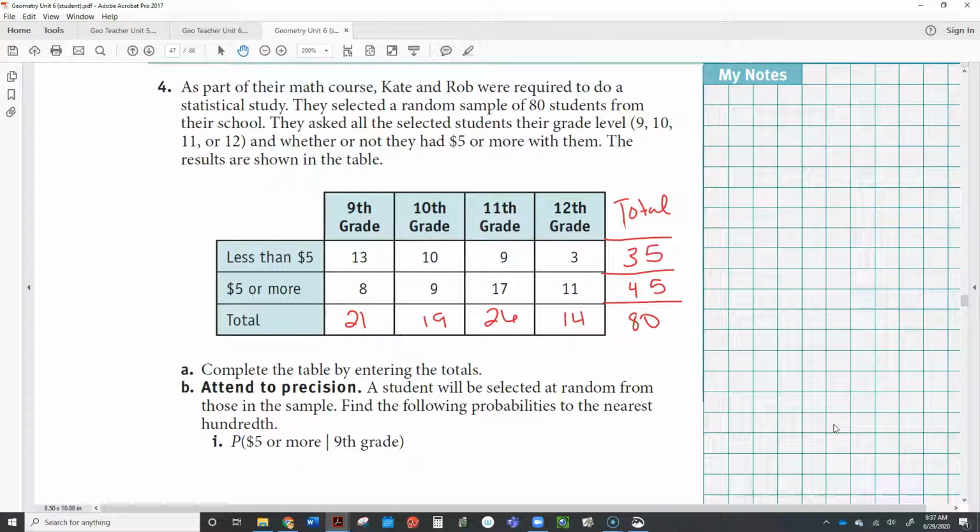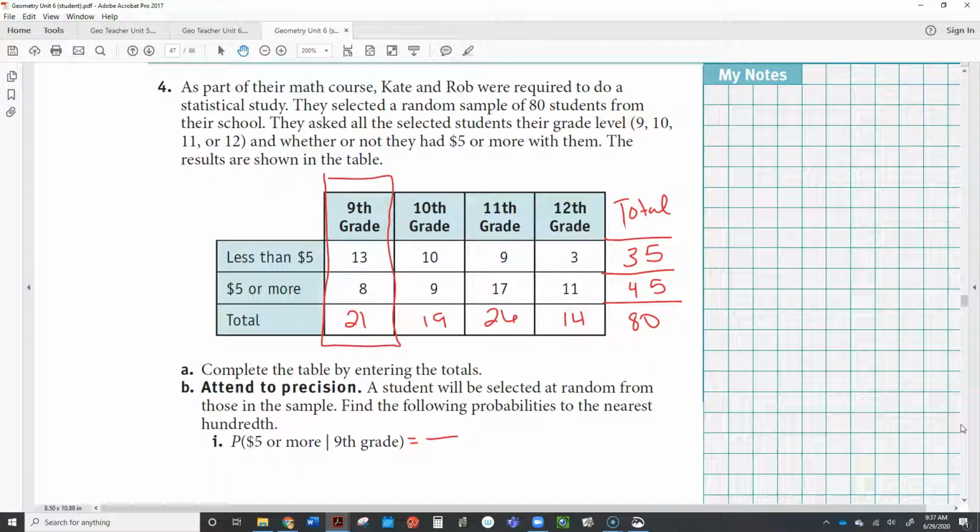They want to find the probability that a student had $5 or more on them. So this is the desired event that goes on top. But they don't want us to pick from all students. They just want us to pick from the 9th grade. So we're only looking at the 9th grade group.